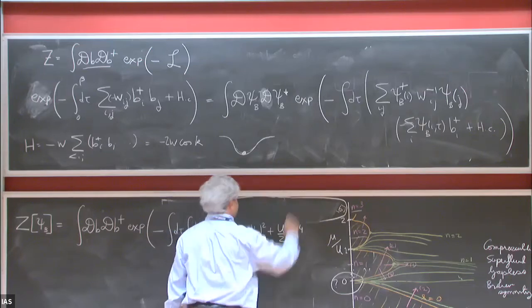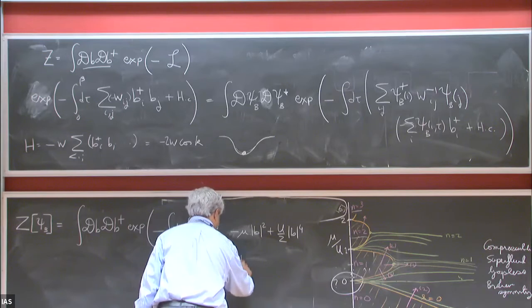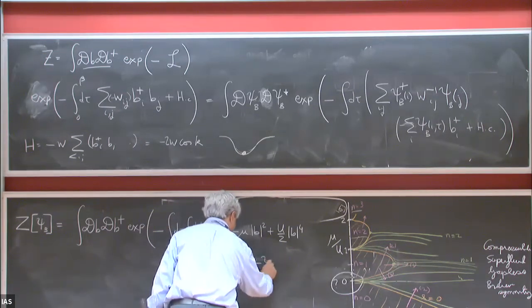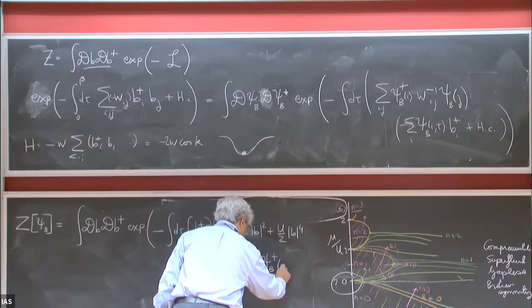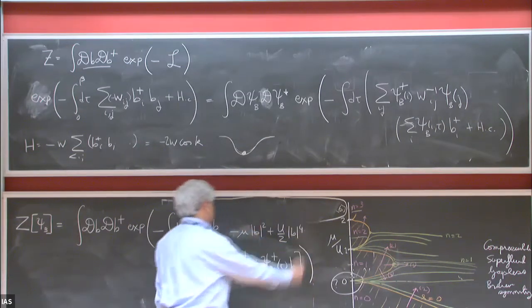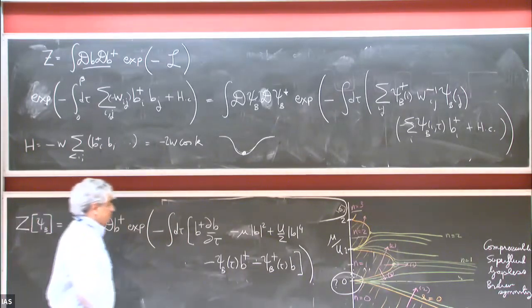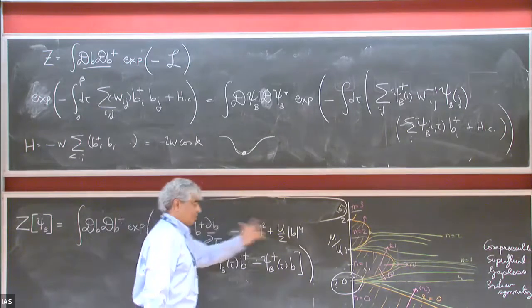And then I have that term, minus psi B of tau B dagger minus psi B dagger of tau B. Okay, so this is what I have to evaluate.